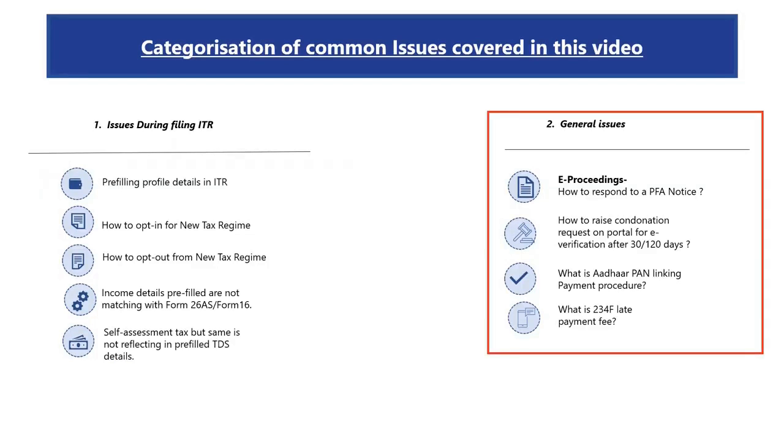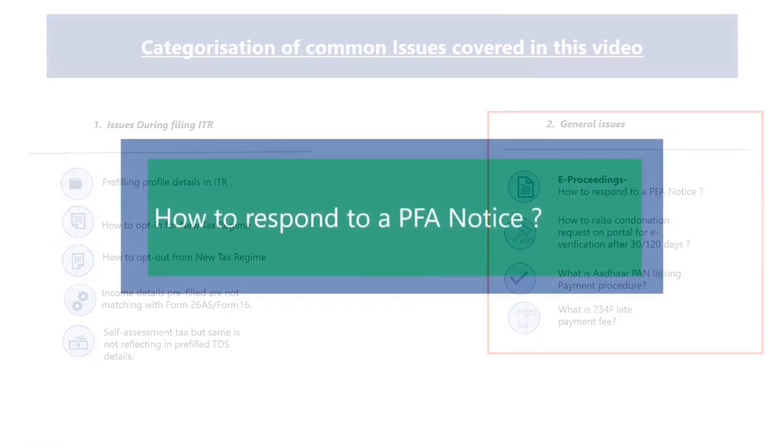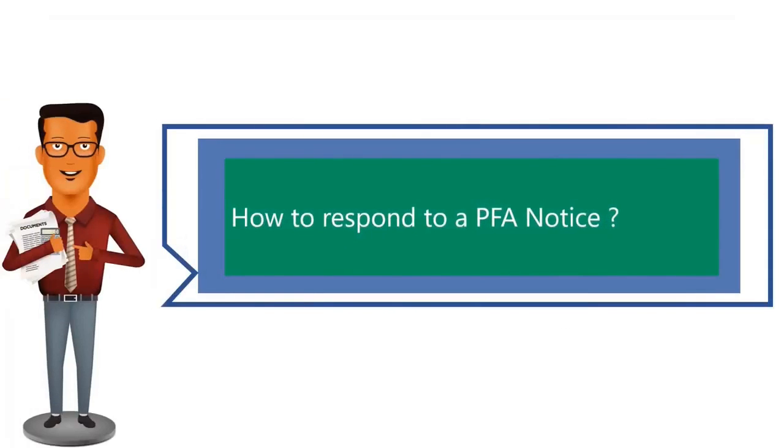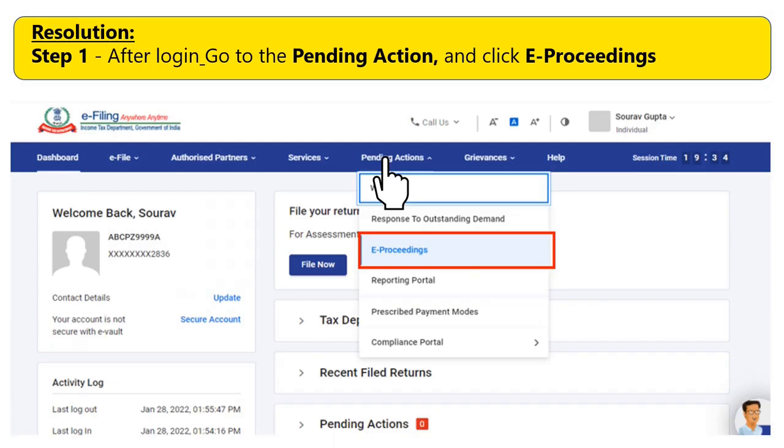Let us now move to category 2 of issues, which is how to respond to a prima facie adjustment notice. If you have received a prima facie adjustment notice, you would get an intimation on SMS as well as on your email ID. You are required to log into the e-filing portal and go to the Pending Actions tab. In the Pending Actions tab, you can click on e-Proceedings.